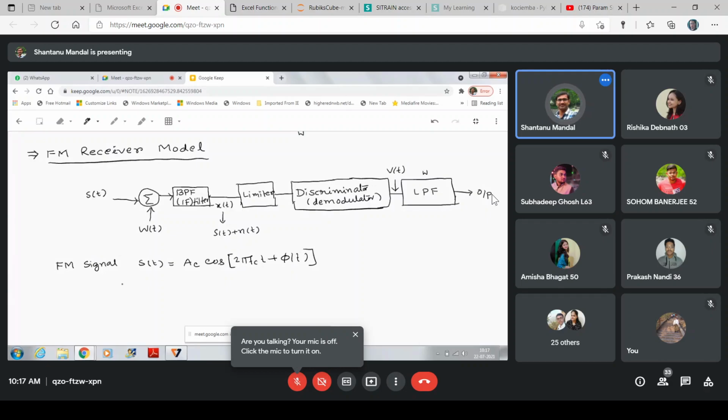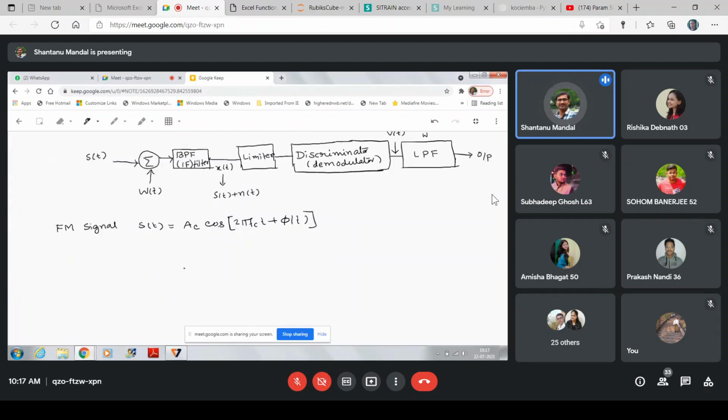This is the FM modulated signal, the standard FM equation, and phi(t) is the instantaneous phase, where phi(t) = 2 pi kf integral from 0 to t of m(t) dt.